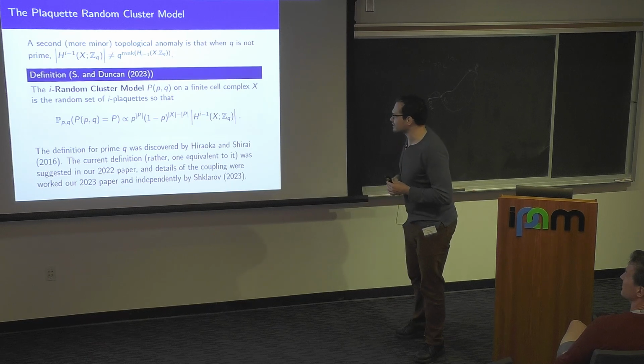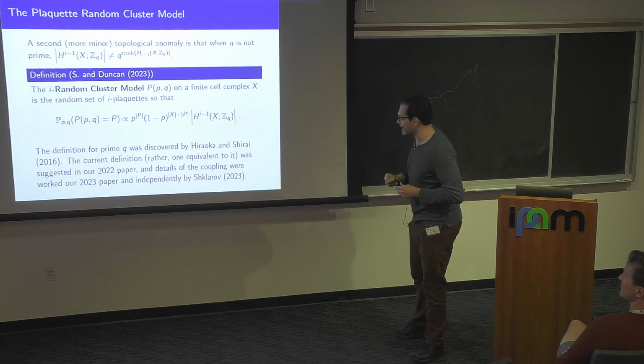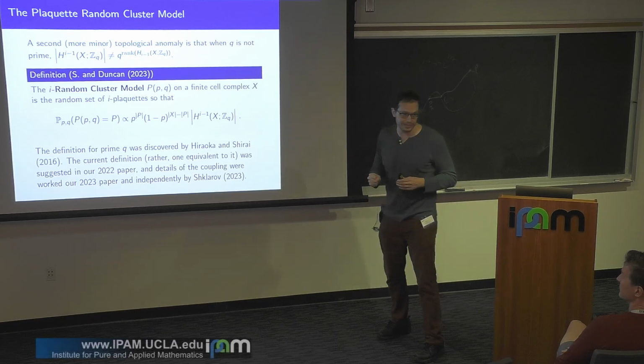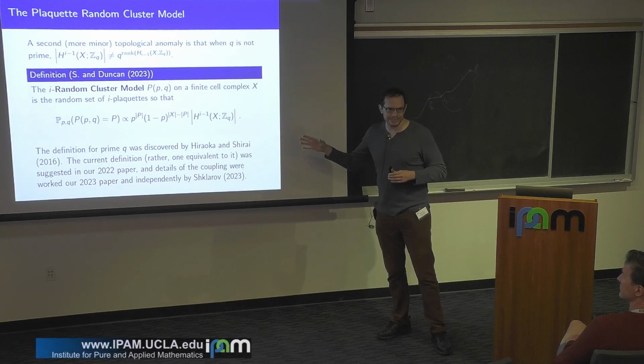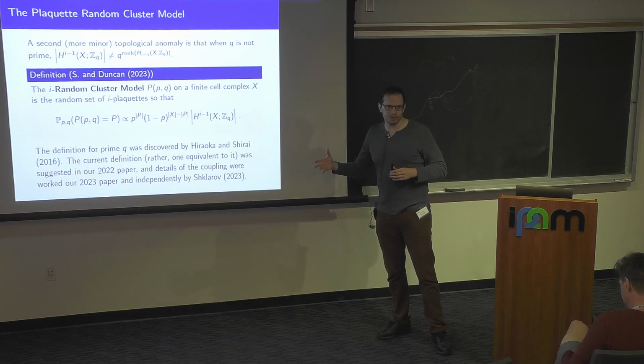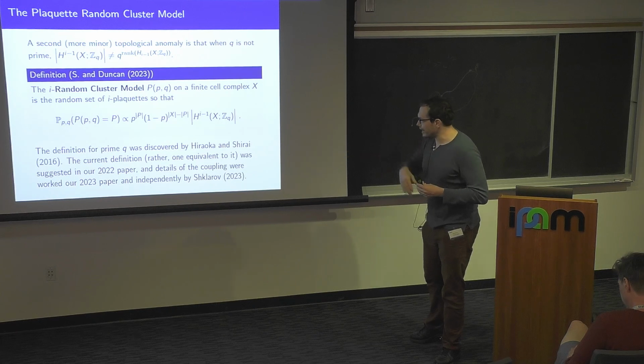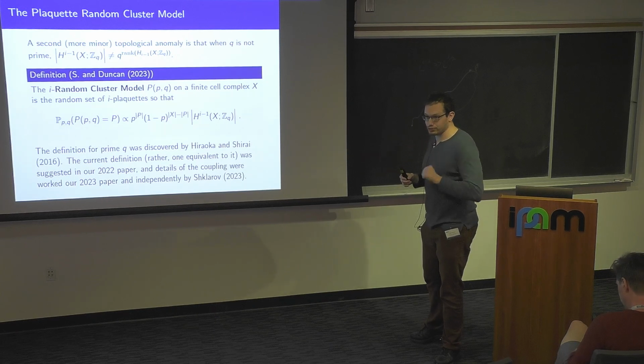And that definition we actually found was discovered earlier by Hiraoka and Shirai in 2016. They were not interested in the connection with Potts lattice gauge theory. Rather, they were looking at this model on a complete cell complex, and at its relationship with a generalized Tutte polynomial. And then Paul and I have 2 papers on this.